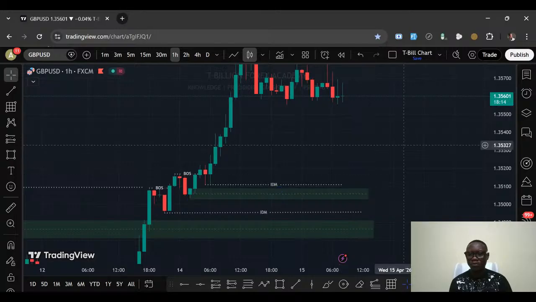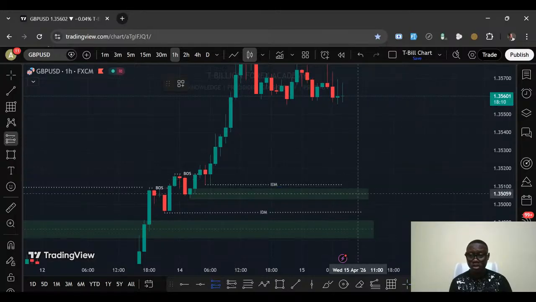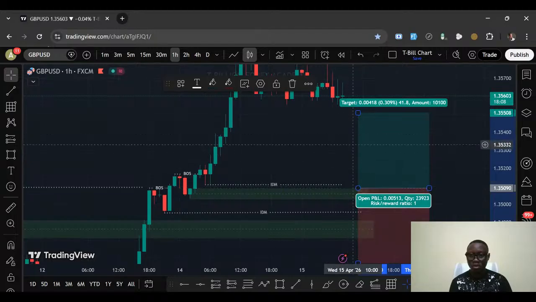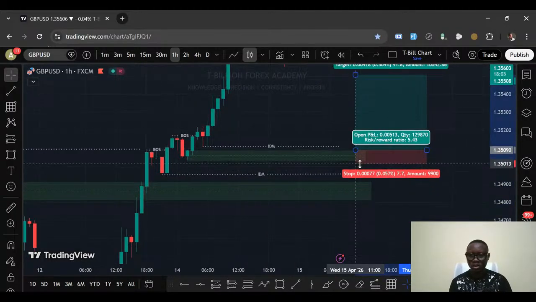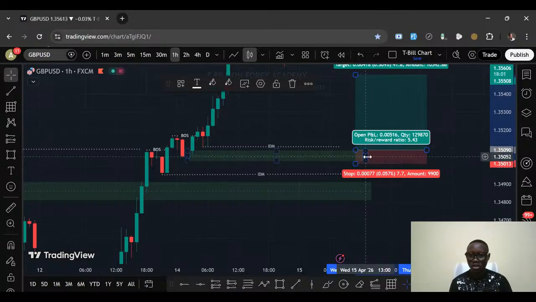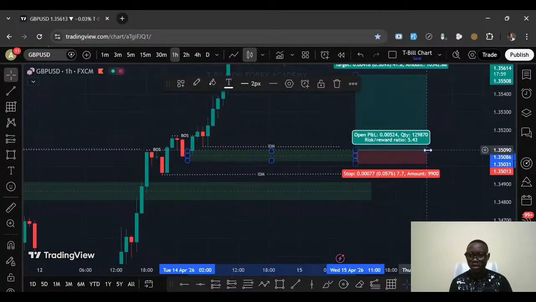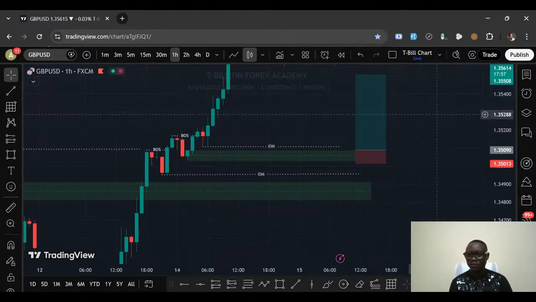What we would expect, all we'll do rather, is to wait patiently for price to come to us. Then we'll take our trade. So this is where we're expecting GBPUSD for a buy position.